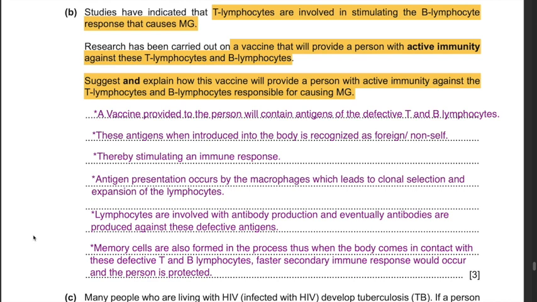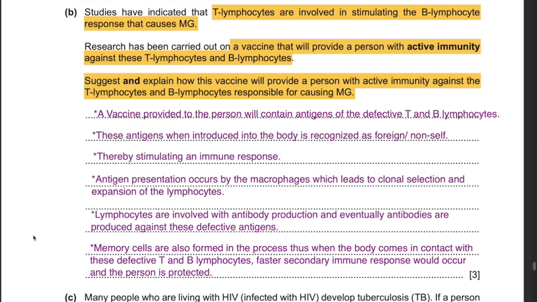A vaccine provided to the person will contain antigens of the defective T and B lymphocytes, because that is the purpose of a vaccine. A vaccine has antigens which are introduced into the body. And what are these antigens? These antigens will be of the defective T and B lymphocytes, because they are aiming to provide a person with active immunity against these T lymphocytes and B lymphocytes that cause myasthenia gravis. So it should definitely be defective in nature.